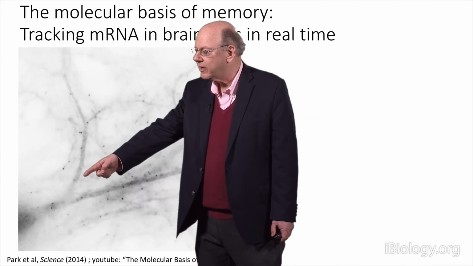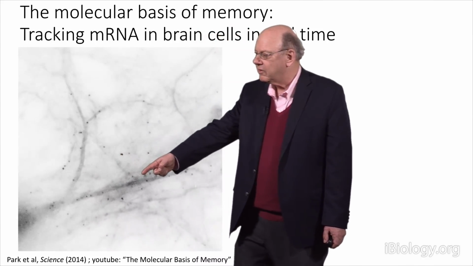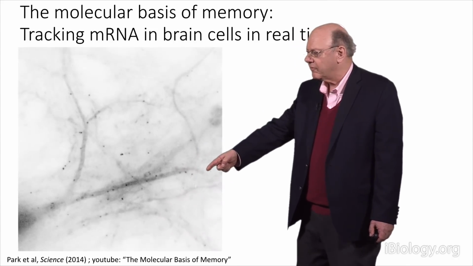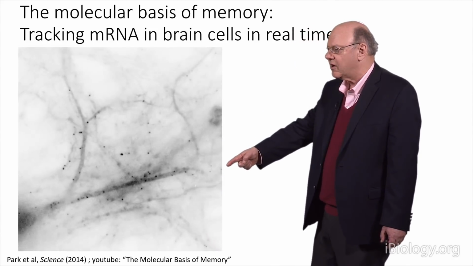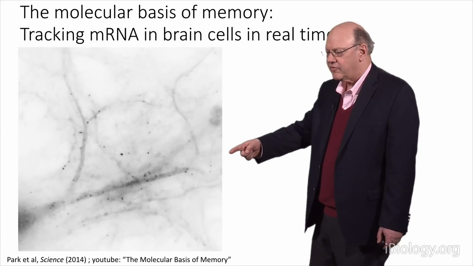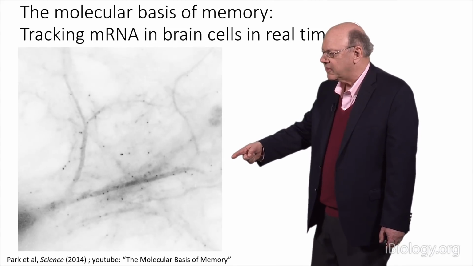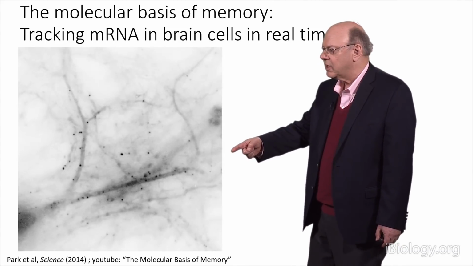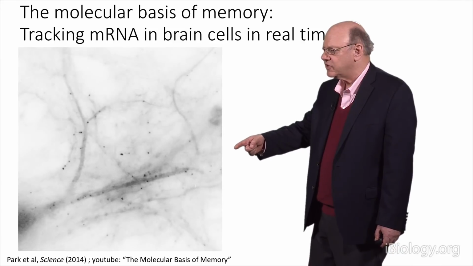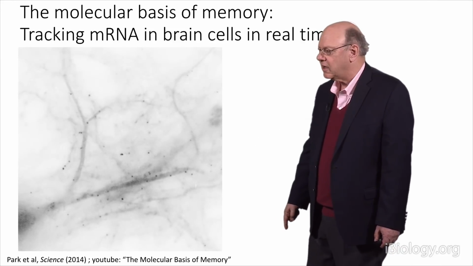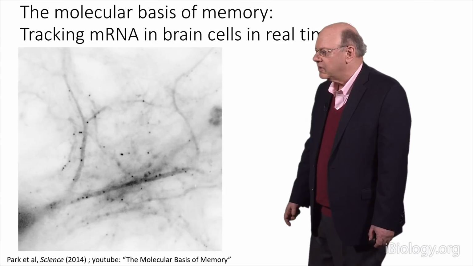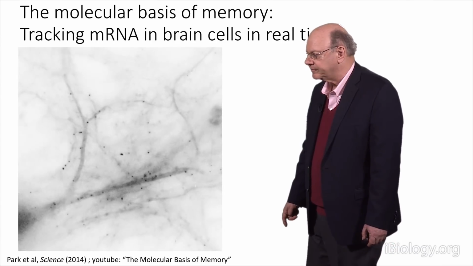Check this one out right here. Goes back and forth, sort of cruising around. It's like the RNAs are cruising around looking for action, which is what we think they're doing. They are searching the dendritic space very efficiently for finding places where synaptic activity has occurred.